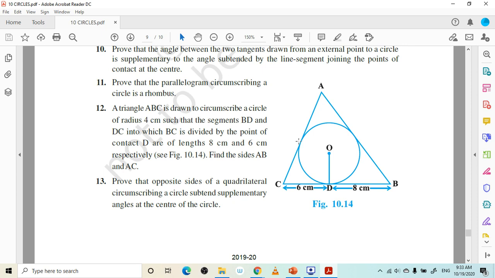Then what about AT and AP? For that we have to solve. In short, then use Heron's formula. Then some equations will come. You have to compare those equations, and then finally you will get the value of x.